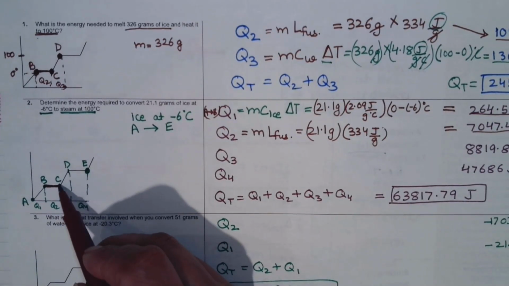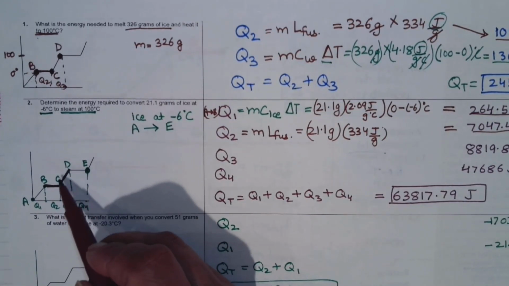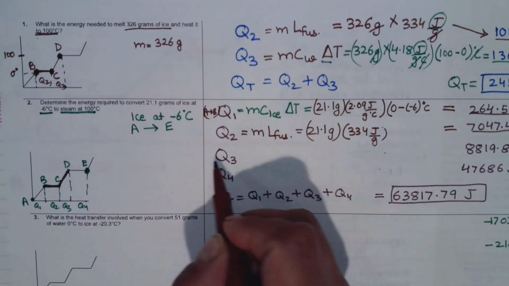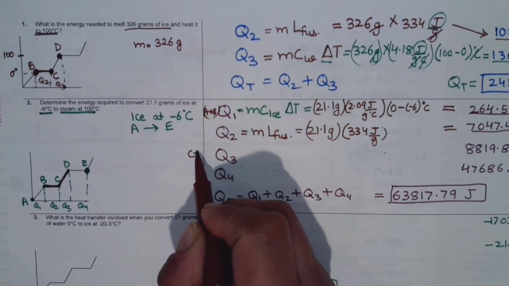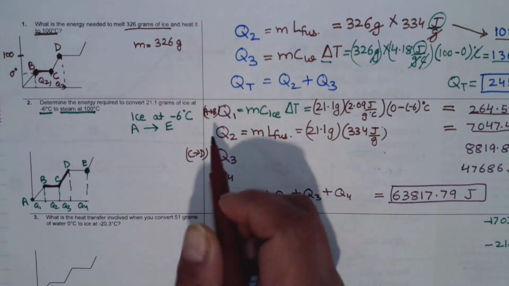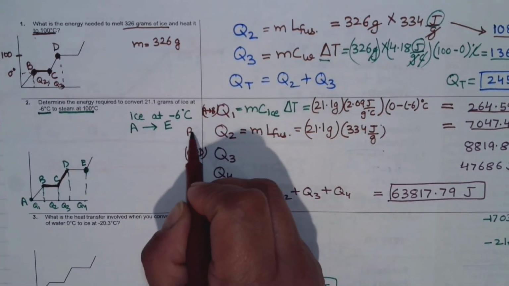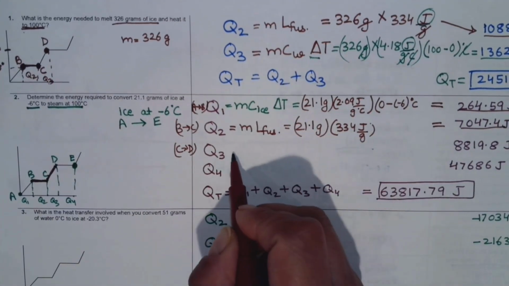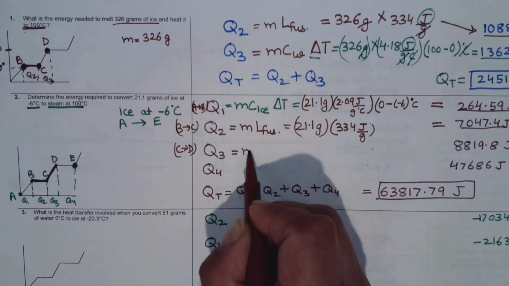Now Q3, again the temperature changes, C to D. So this is C to D. This is B to C. So we are going to use MCΔT.